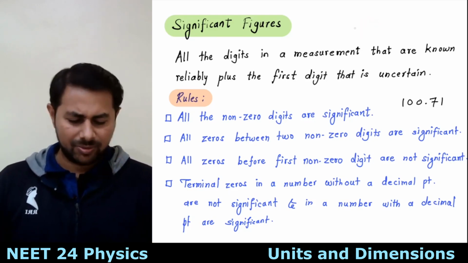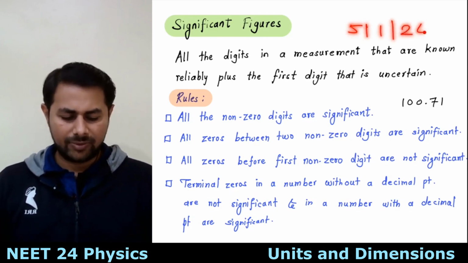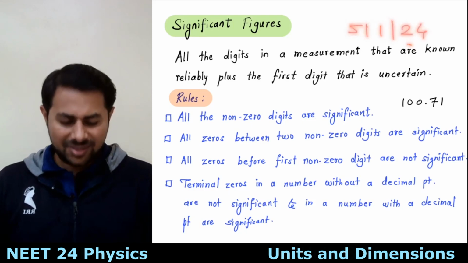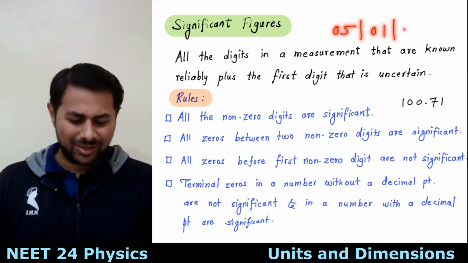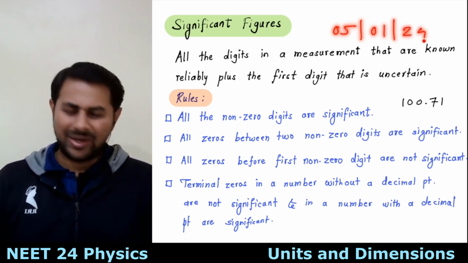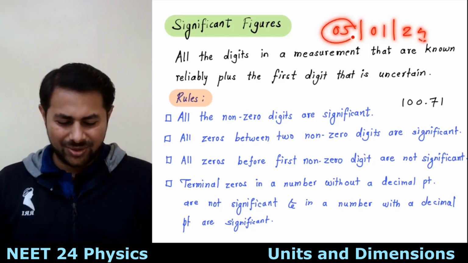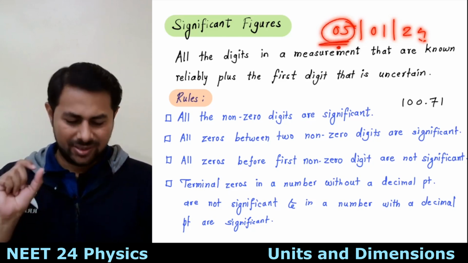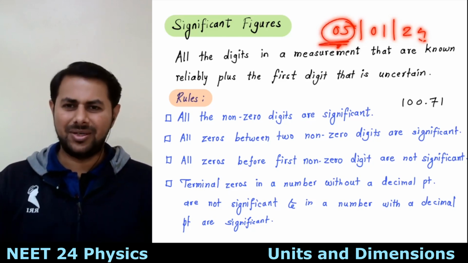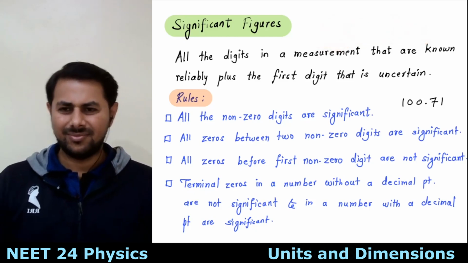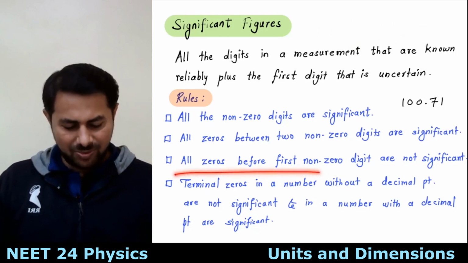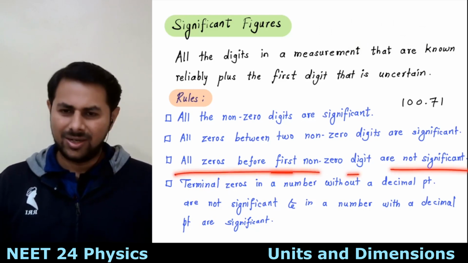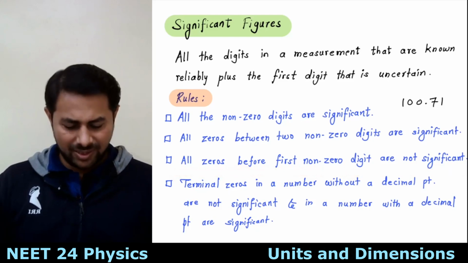You can write 5th of January as 5/1/2024. You can write that as 0501 also. Some people write it like this, 0501, 24 or 2024. So in this one you write this as 5 or 05, it doesn't matter, right? Yes, no? So that 0 is insignificant. So all zeros before the first non-zero digit are not significant.